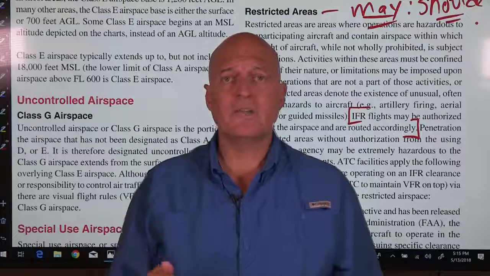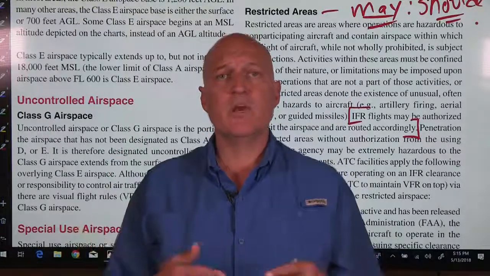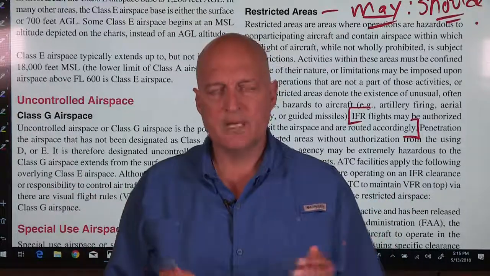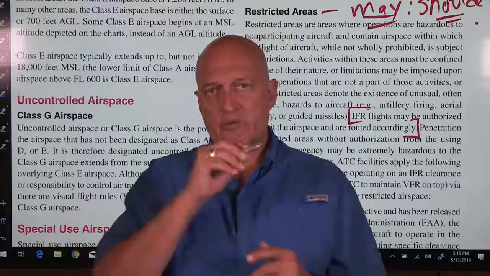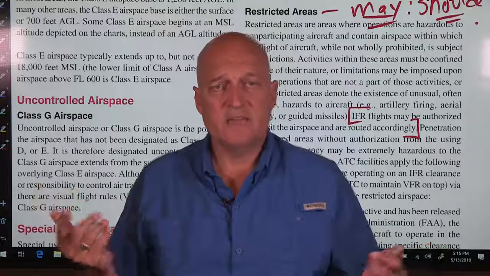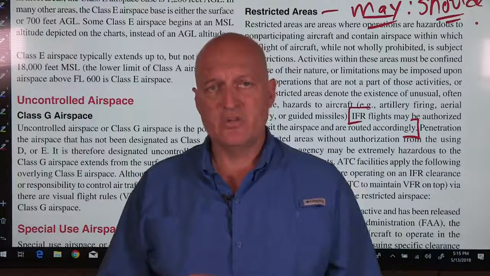Are they doing work in there? Is there stuff going on in there that I could get in somebody's way, or get shot at or something? ATC is going to know that, and if they need to reroute you around that area after you've already been given a flight plan that puts you through that airspace, then they'll let you know.